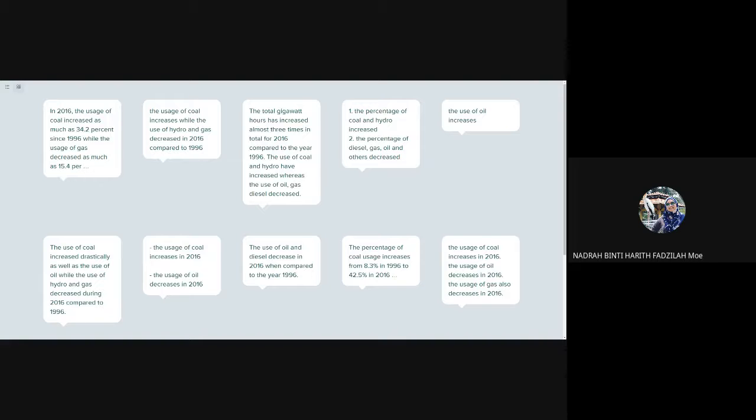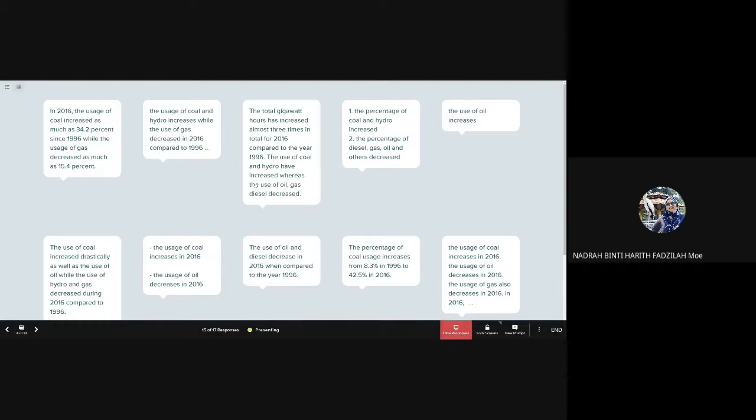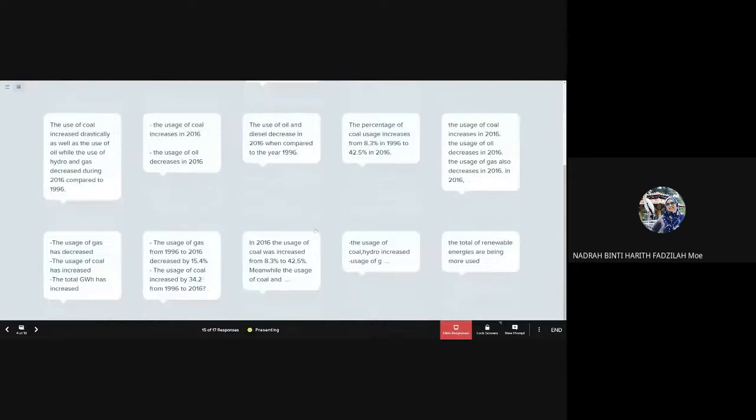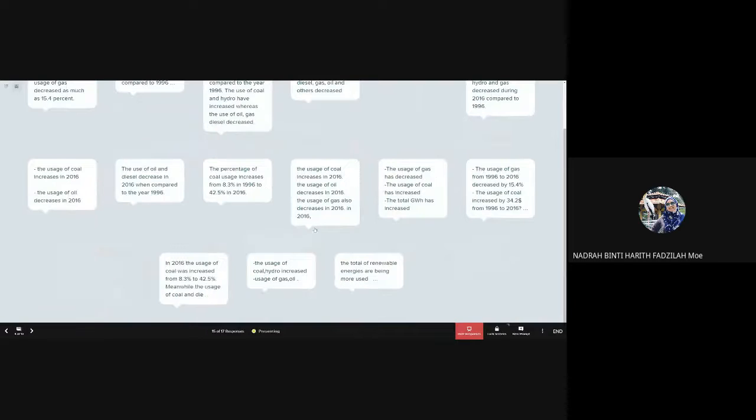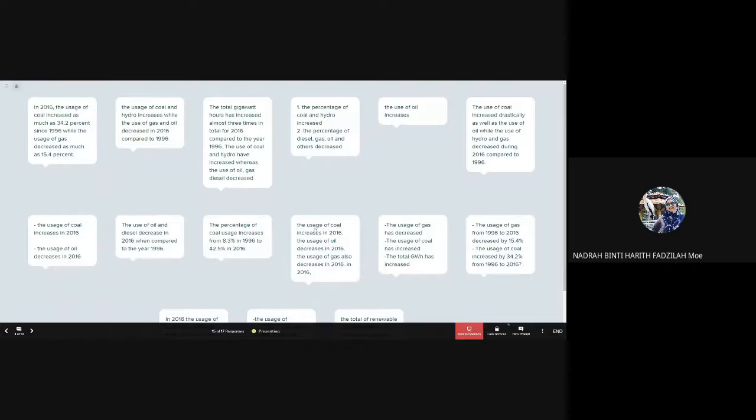Okay, I can see very good observations here. Saya nampak ada beberapa observation yang sangat baik dekat sini. Pertama sekali, ada yang bandingkan in terms of the use of electricity ya. Bagus tu. Memang ada increase in use of electricity.